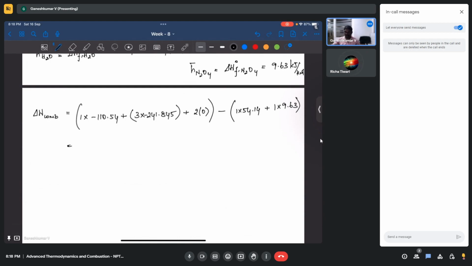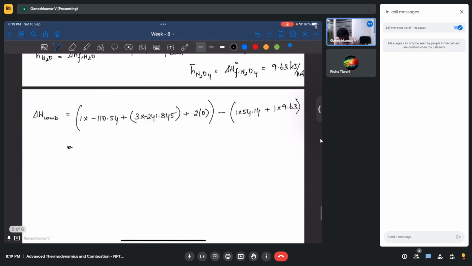What does this come out to be? So is this clear what I'm trying to do here?